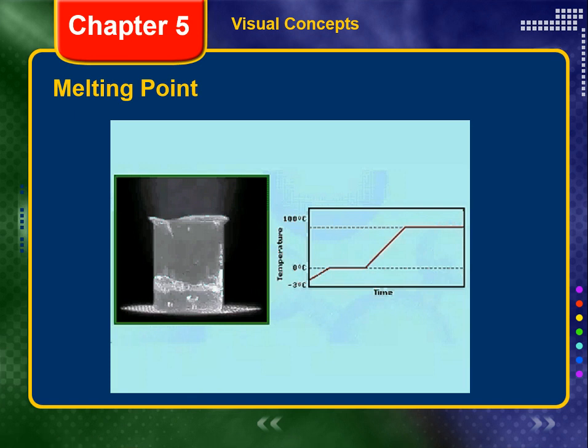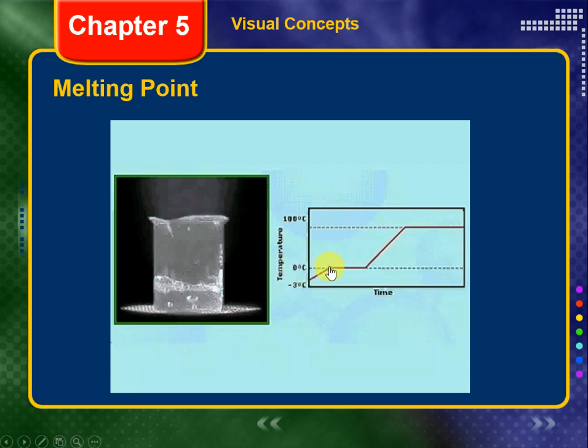So looking at this, this is a triple phase diagram, and so we see that as we have temperature, which is energy, added to a system, if it's in the solid phase, we can increase the temperature of that substance. For example, water, if it's below 0 degrees Celsius, the temperature will increase until we get to 0 degrees Celsius.